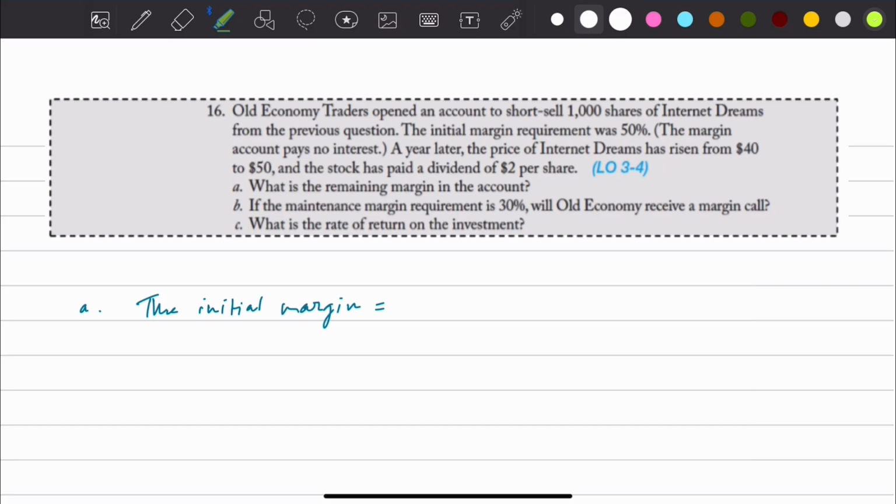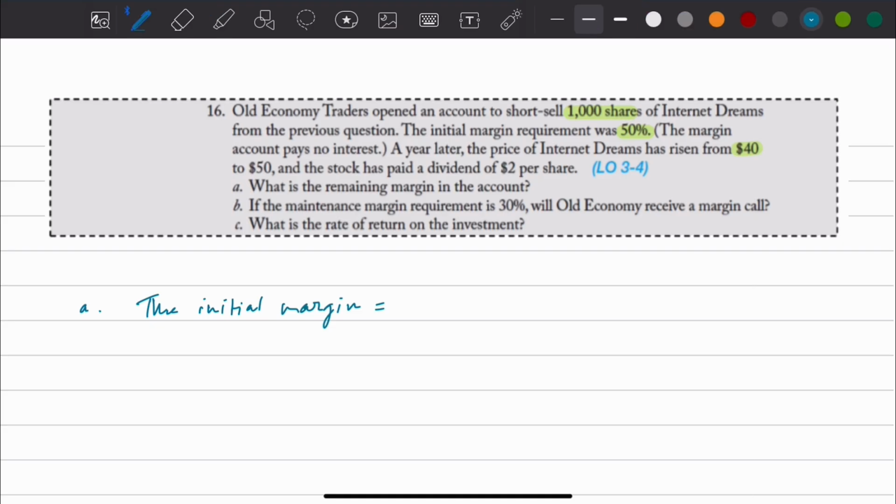So here we have the number of shares, 1,000 shares, and then we have the initial margin requirement, 50%, and then we have the stock price initially at the time of the short sale, which was $40. We'll ignore the $50, the $10 increase for now.